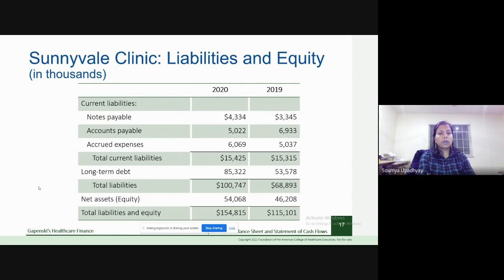We just talked about long-term debt. We also talked about equity, right? So when you add your total liabilities and your total equity, that gives you total liabilities and equity. Okay? So that is what the liabilities and equity side looks like.